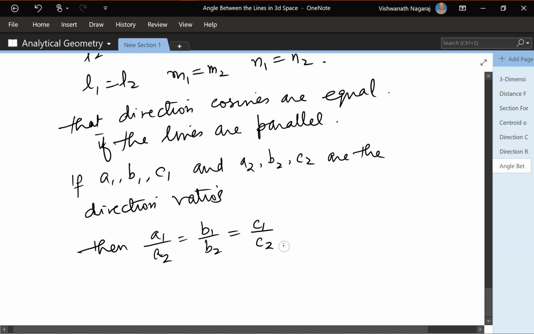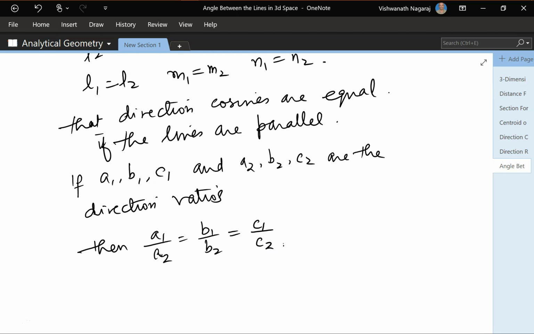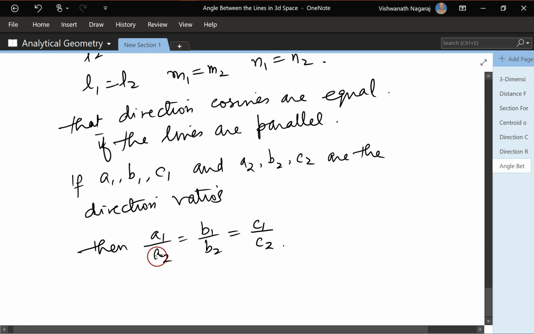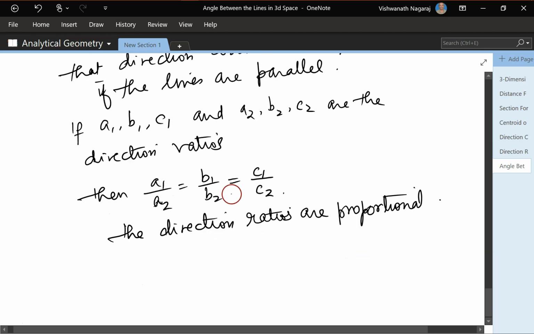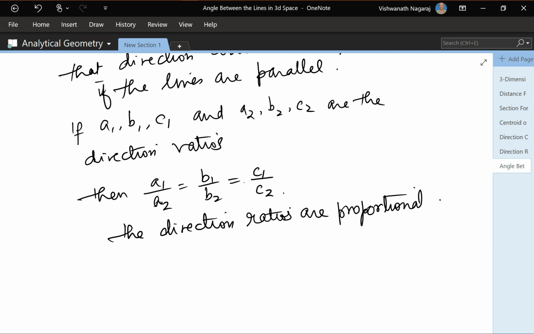They are all equal, and there is nothing like equal to 1, right? So which means that the direction ratios are proportional. So basically what this means is that the lengths of the lines are proportional.